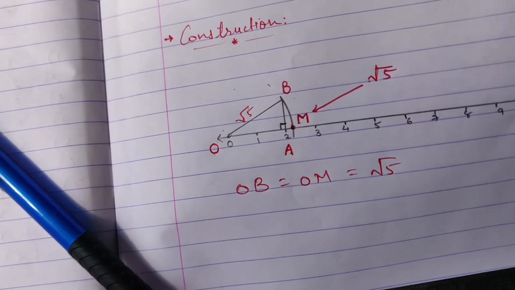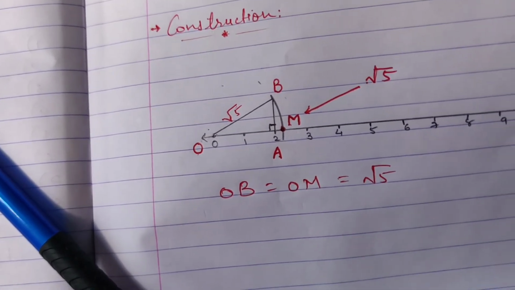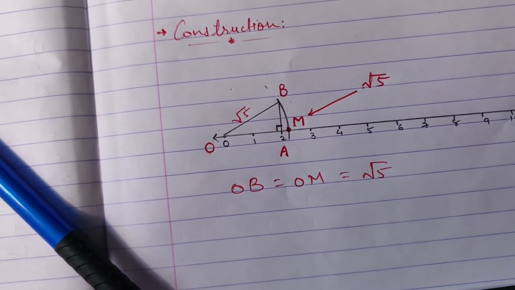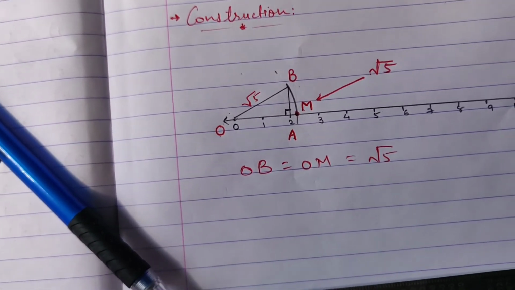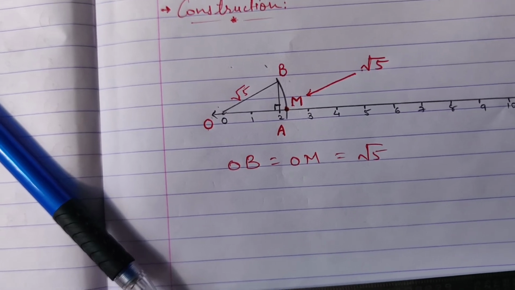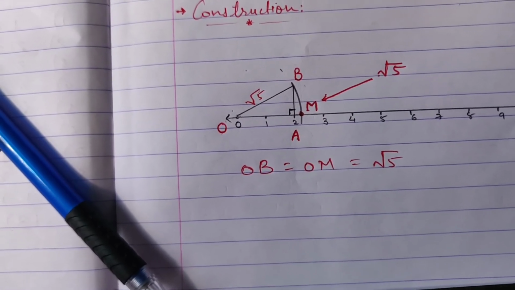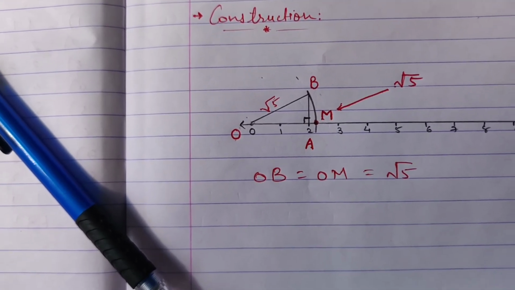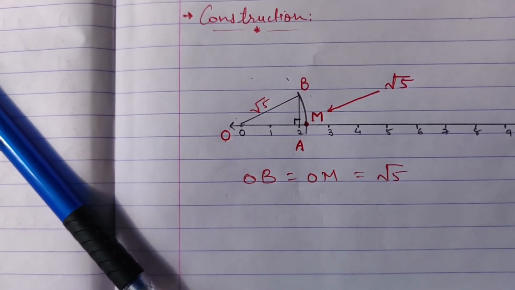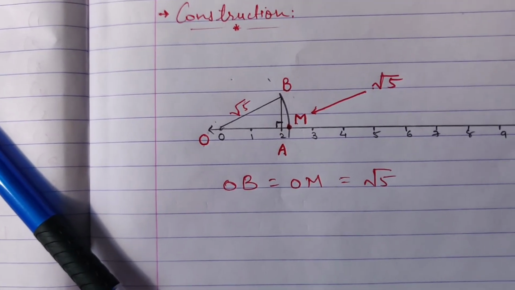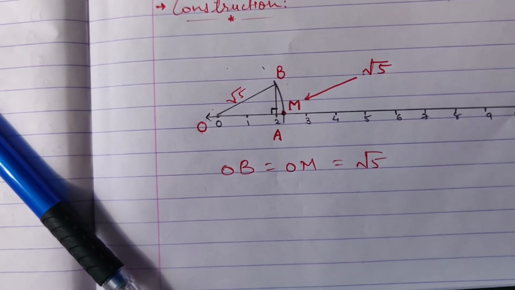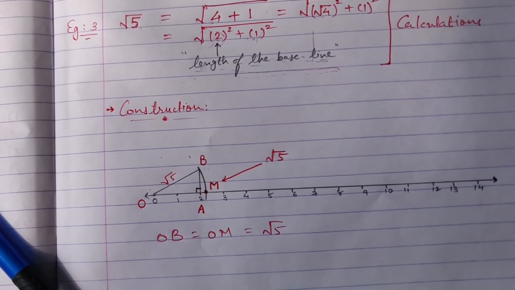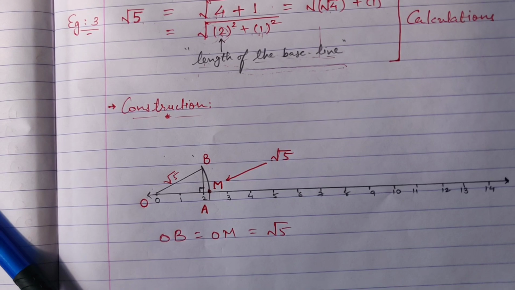So where the arc intersects the number line, we will find root 5 at that particular point. That particular point I have named as M, which is showing root 5. So now I can claim OB is equal to OM is equal to root 5. So this was how you can find root 5 on the number line using a simple method.